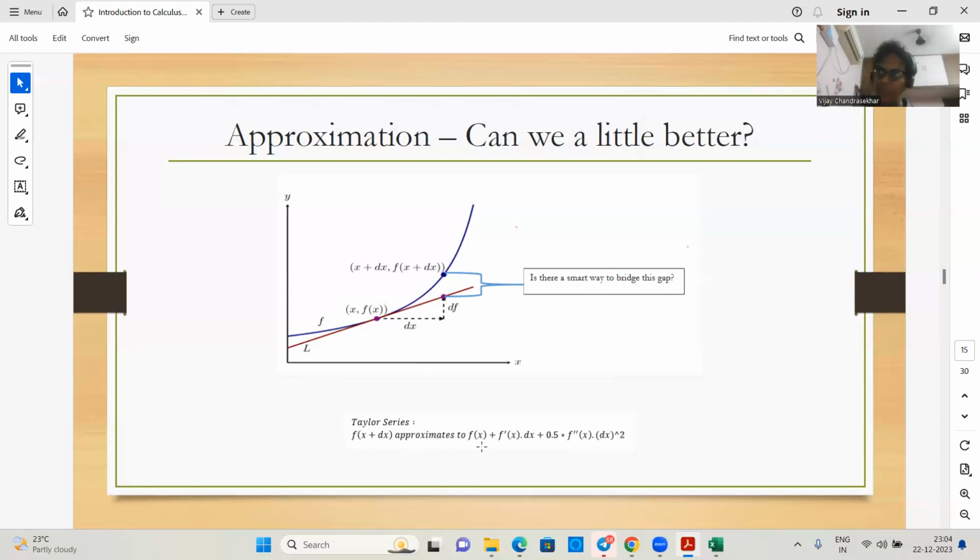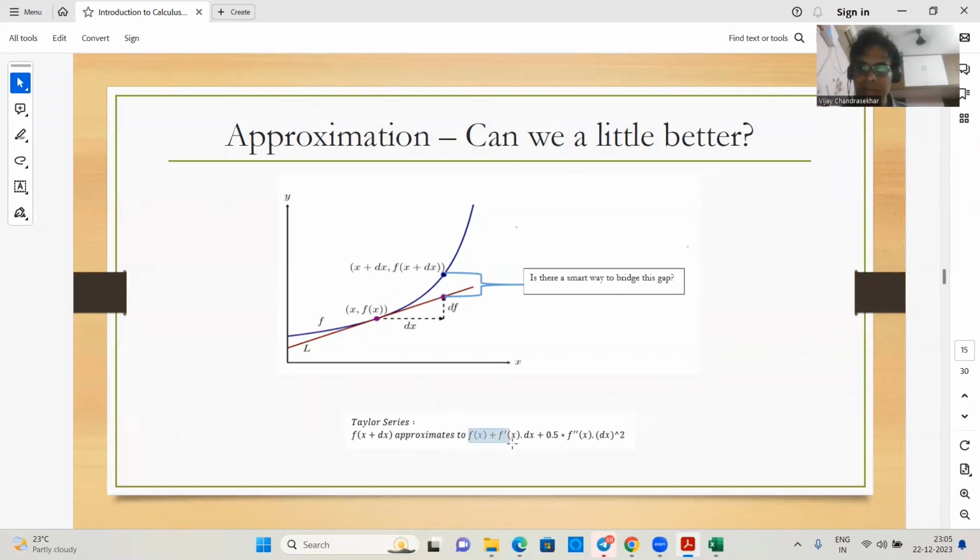It's a long series, by the way. Okay, so a typical Taylor series will have an infinite number of terms. But of course, our objective is not to get an exact number, it is to get an approximate number. So if you look at Taylor series, it says f of x plus dx, where dx is very small, approximates to f of x plus f dash of x multiplied by dx.